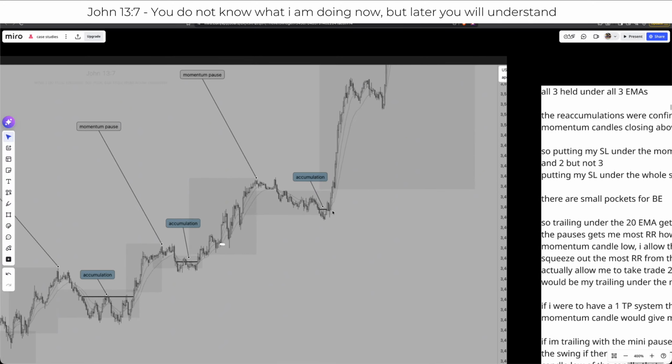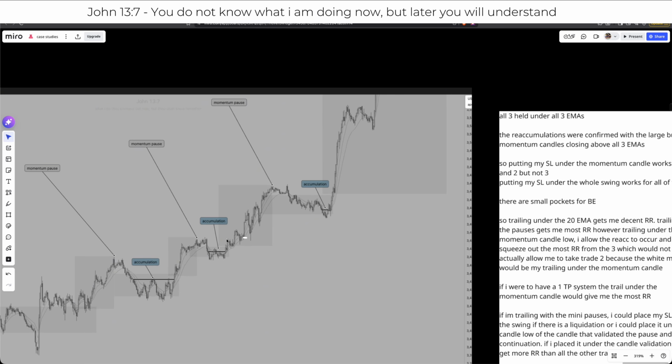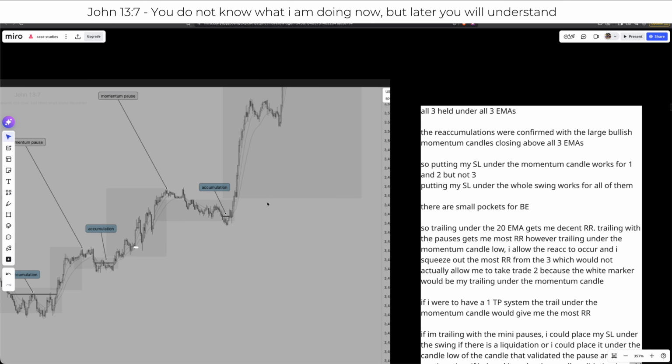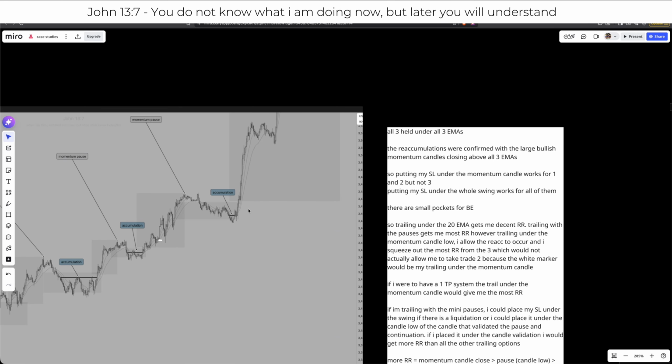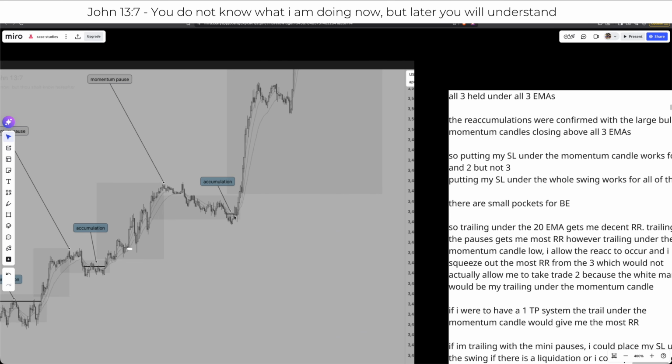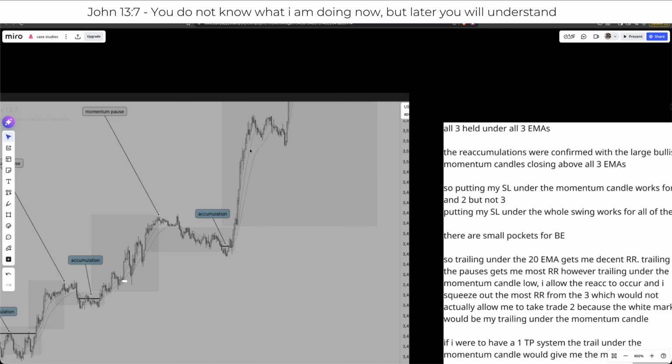However, I would be in the third trade, or I wouldn't be in the second trade. I would be in the third trade. But then I would get stopped out on the third trade because I have it under the candle. But if I had it under the low, I would still be in this and I would be trailing this.